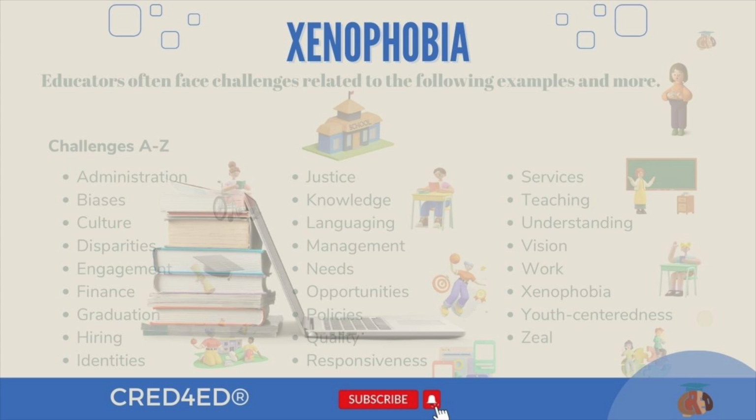So thinking about that, what are some of the real world consequences? Why should we care? Well, if we have a workplace where xenophobia is present, then we're not getting the full contribution of everyone on the team, right?